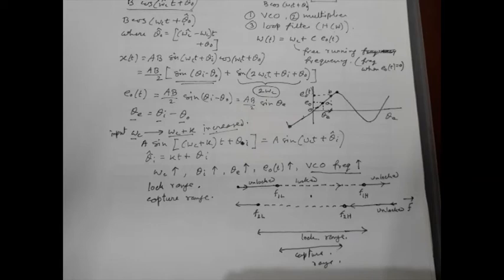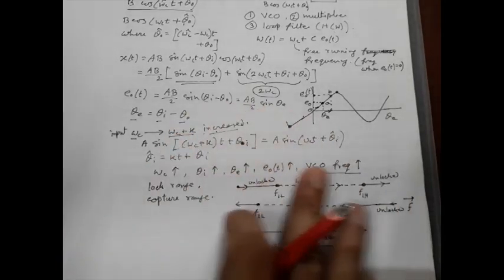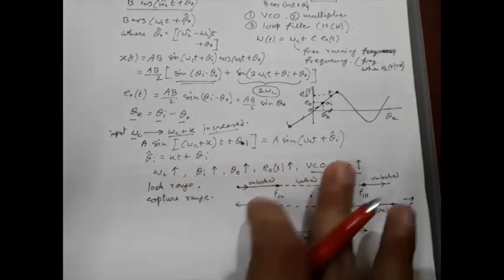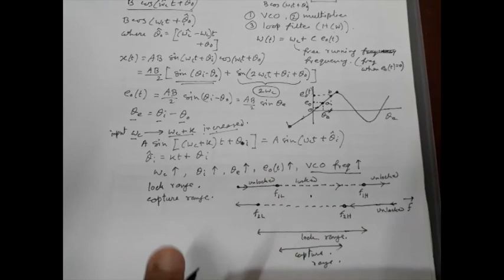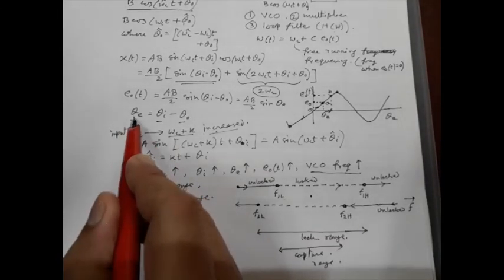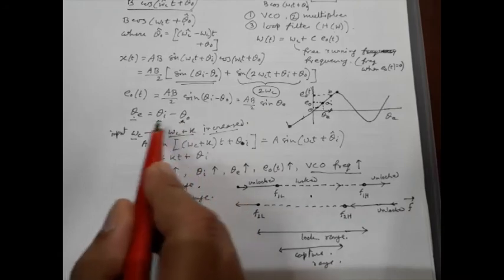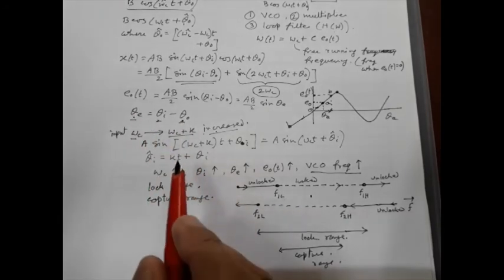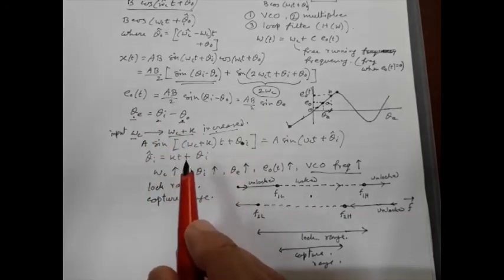Now in this simple analysis of PLL, we have assumed theta I and theta O, and obviously theta E, to be constant.